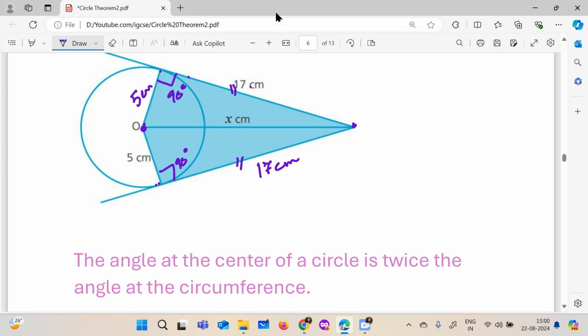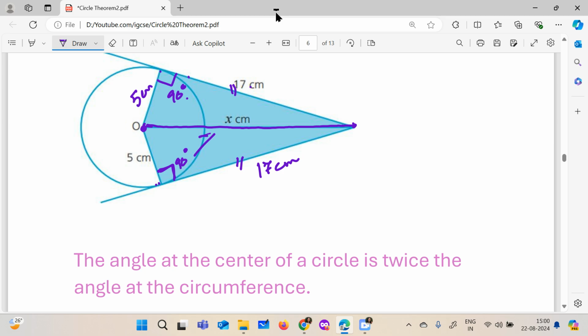Now, your question is to find this length x. What side of this right triangle does x form? Is it perpendicular, base, or hypotenuse? X is opposite to 90 degrees, right?